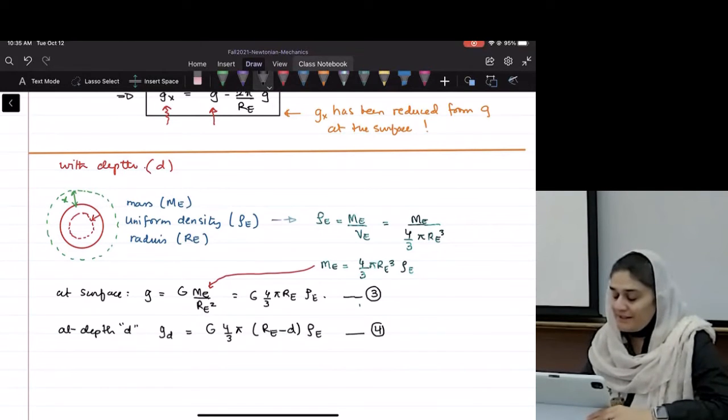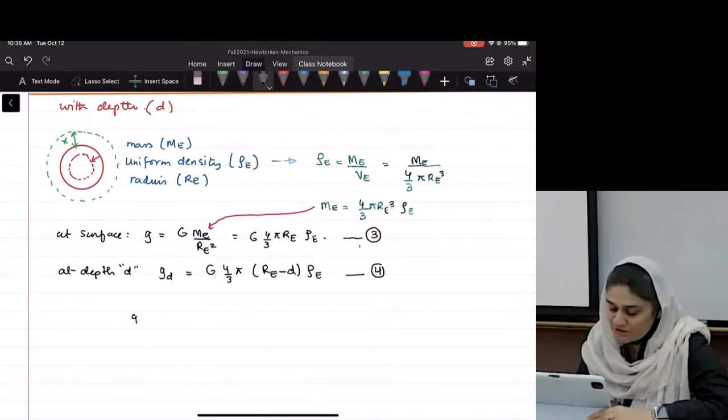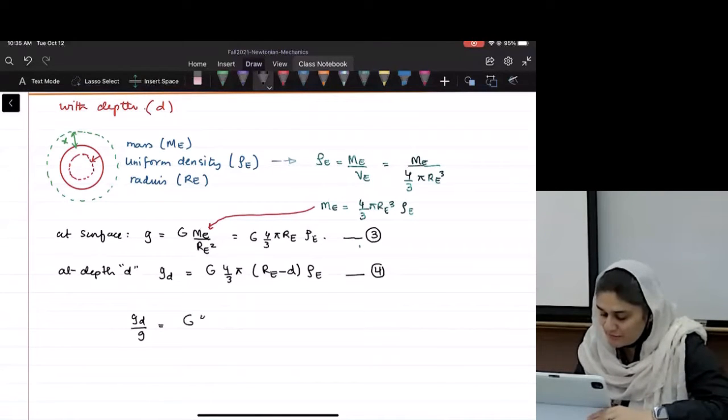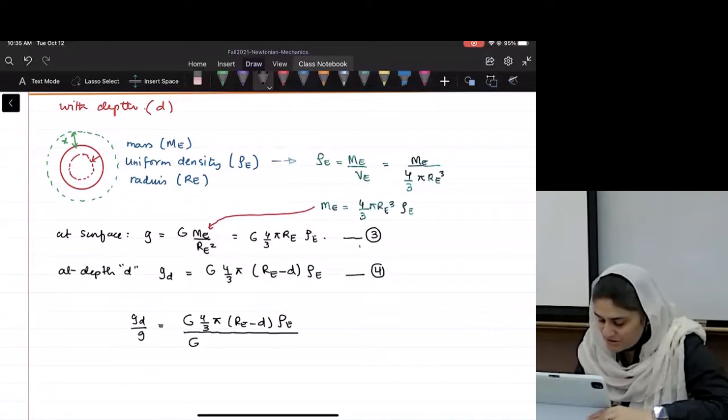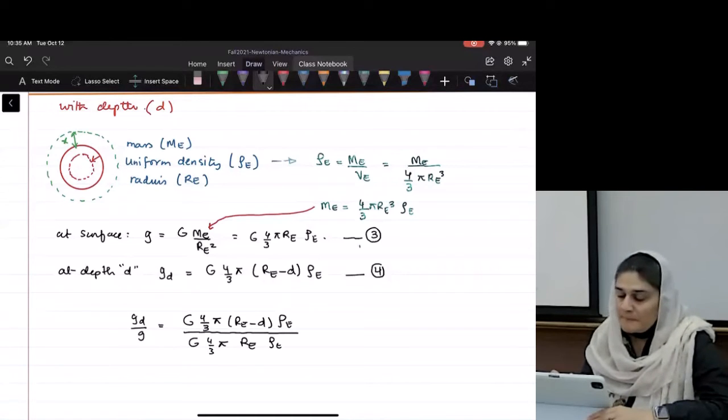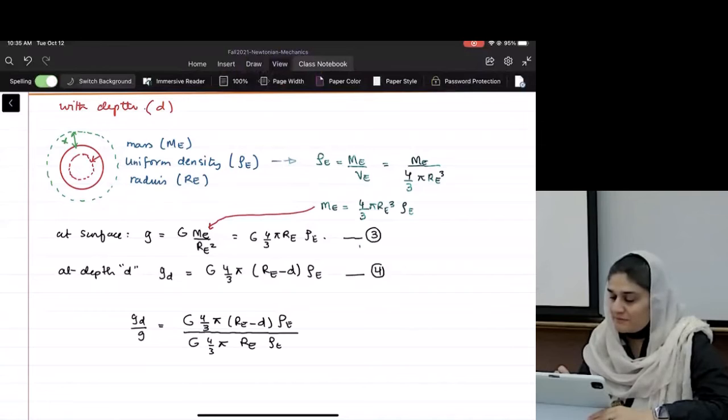May I divide equations 4 and 3? g_d over g equals 4/3 pi RE minus d rho E divided by G 4/3 pi RE rho E. Nothing fancy so far?